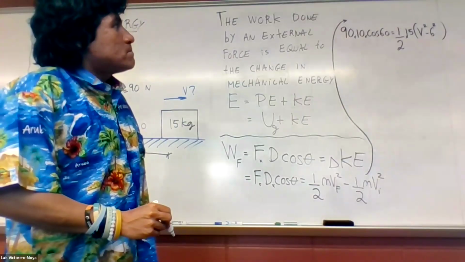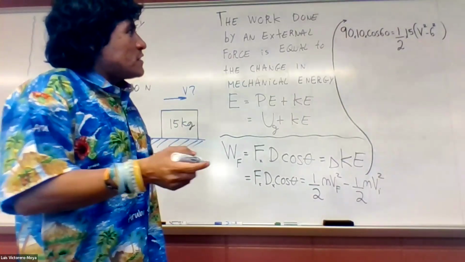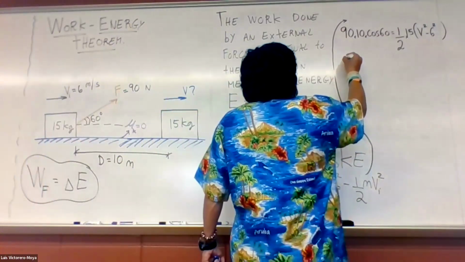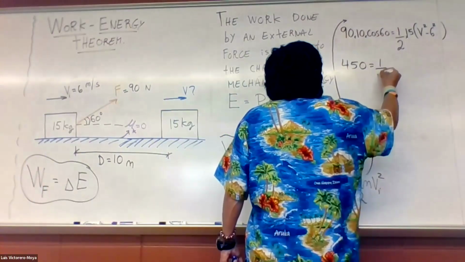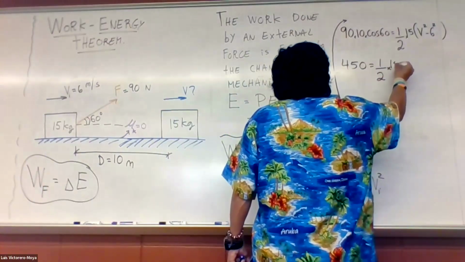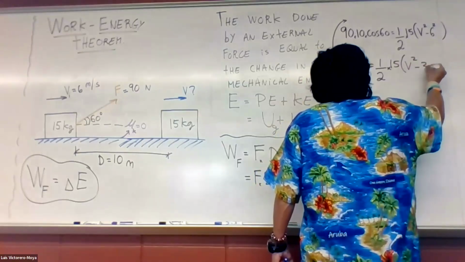All right. Cosine 60 is 1/2. So 90 times 10 times cosine 60 is 450. 450 is 1/2 times 15 times (v squared minus 36).